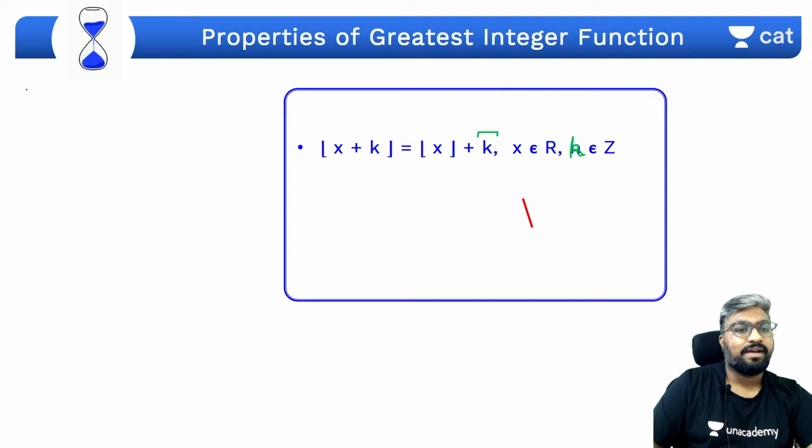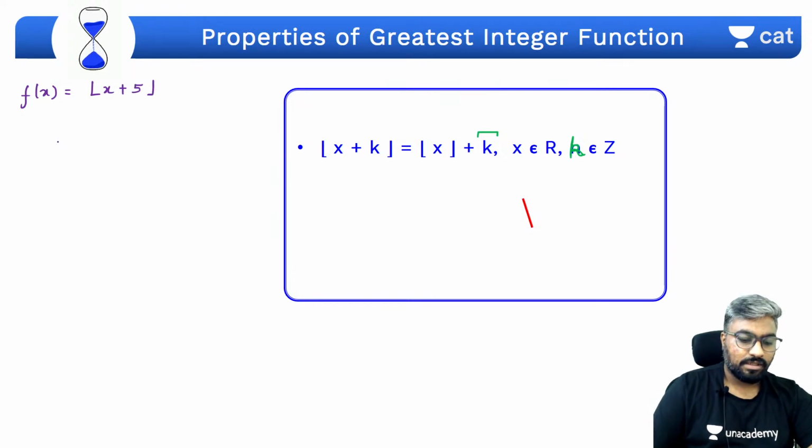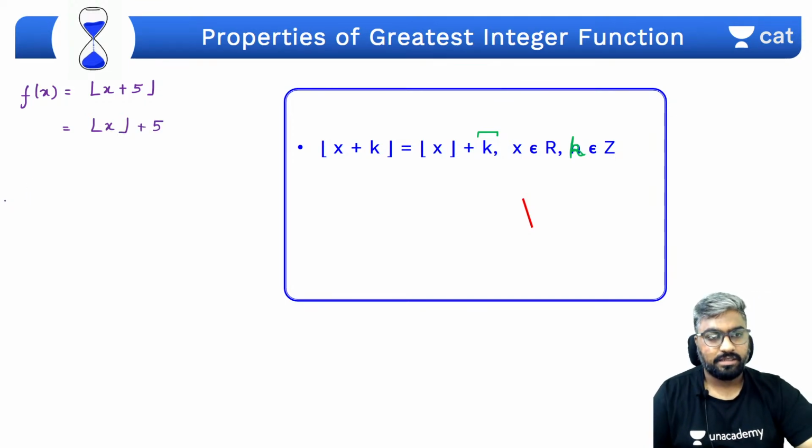For example, if I say f of x is equal to greatest integer function of x plus 5, क्योंकि ये कांस्टेंट 5 इंटीजर है ऑलरेडी, so what happens? It becomes greatest integer function of x plus 5. Got it?